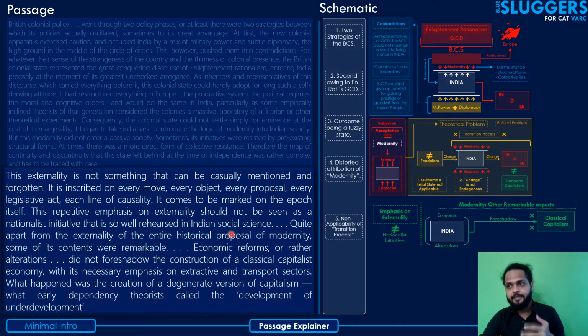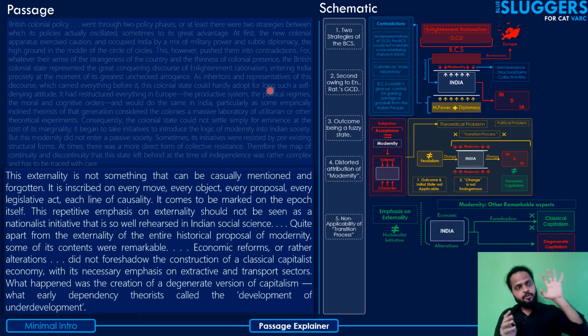Okay, so what does he mean by that? He basically says that it might seem like I have been critical about the idea of externality, of the external forces being deployed, or I've at least considered them to be crucial. And from that, it is likely that you might interpret that I probably have a nationalistic agenda here.